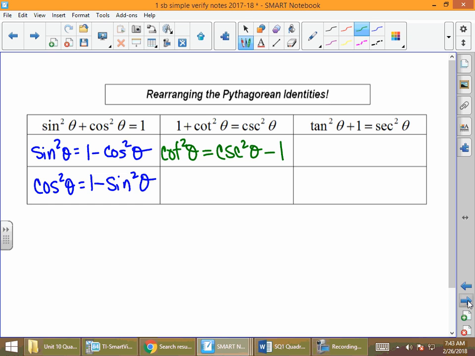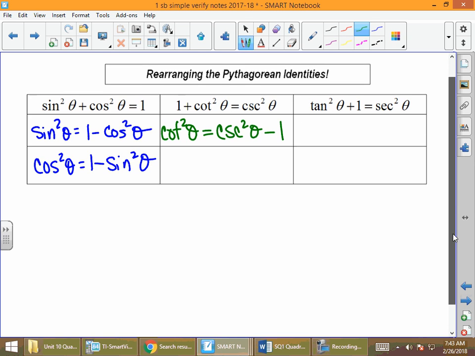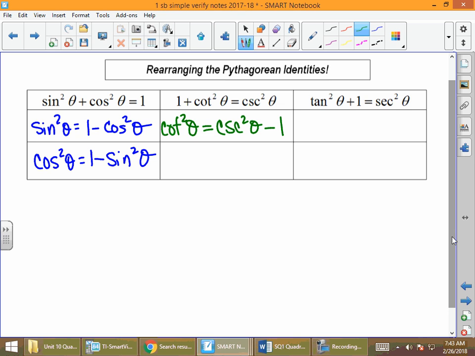The other thing that we could do, and I know you don't have enough space on your paper, but I will show it here at least so you can see it, is take this identity, 1 plus cotangent squared theta equals cosecant squared theta, and subtract cotangent squared from both sides.